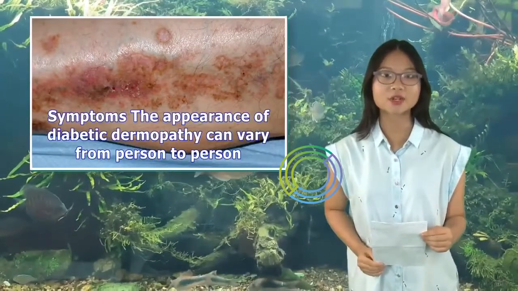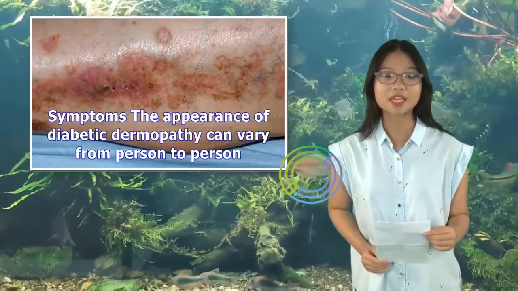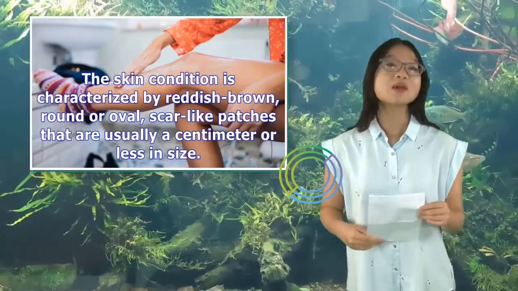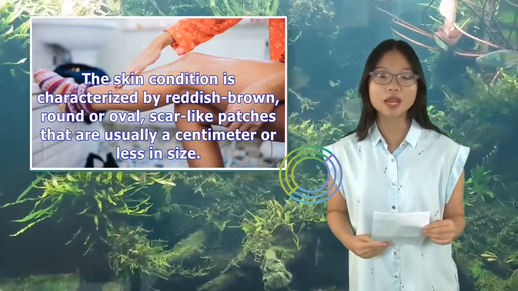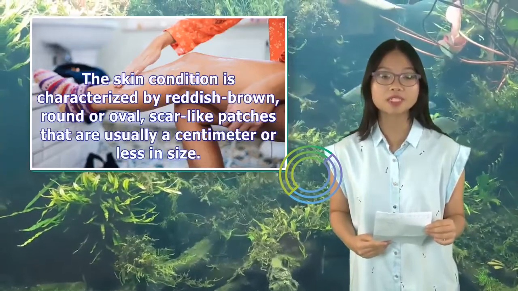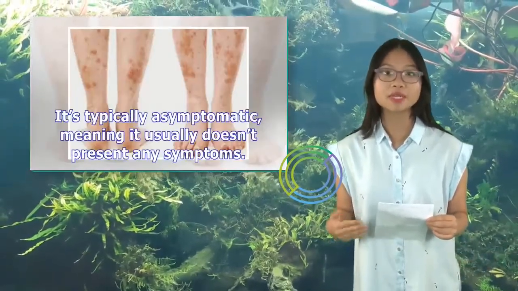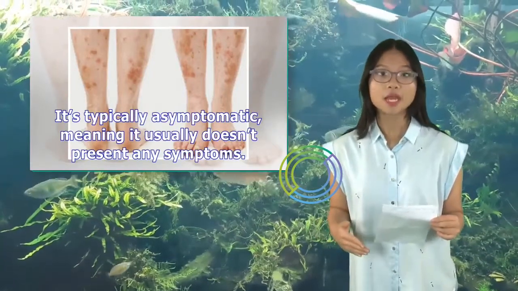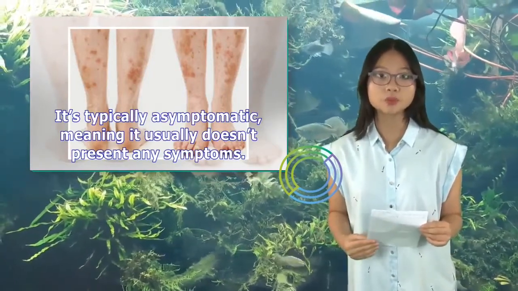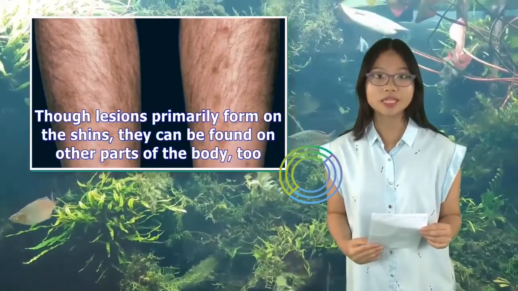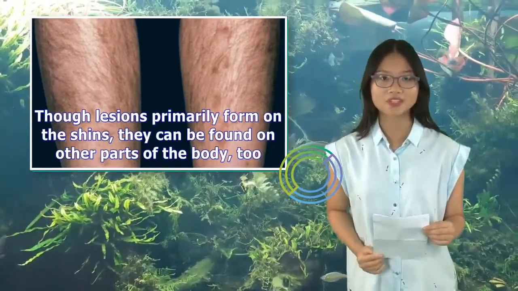Symptoms. The appearance of diabetic dermopathy can vary from person to person. The skin condition is characterized by reddish-brown, round or oval, scar-like patches that are usually a centimeter or less in size. It's typically asymptomatic, meaning it usually doesn't present any symptoms. Though lesions primarily form on the shins, they can be found on other parts of the body, too.